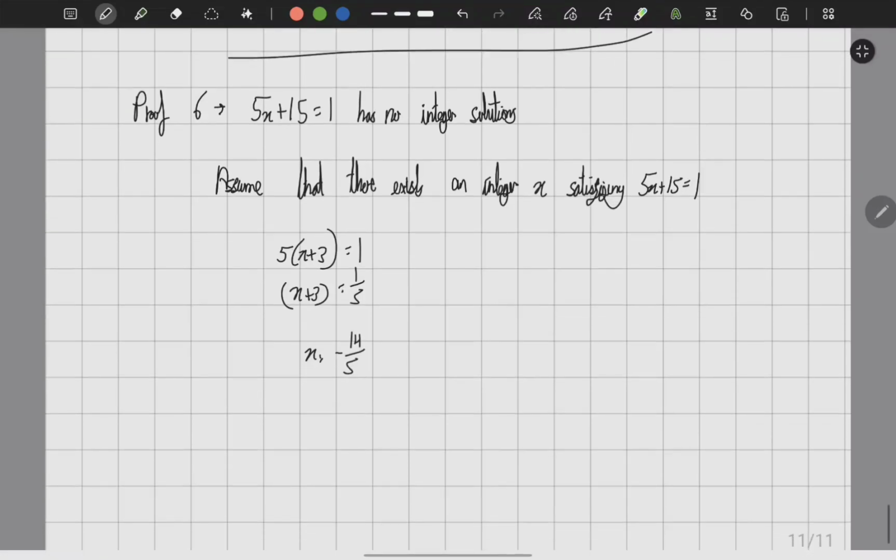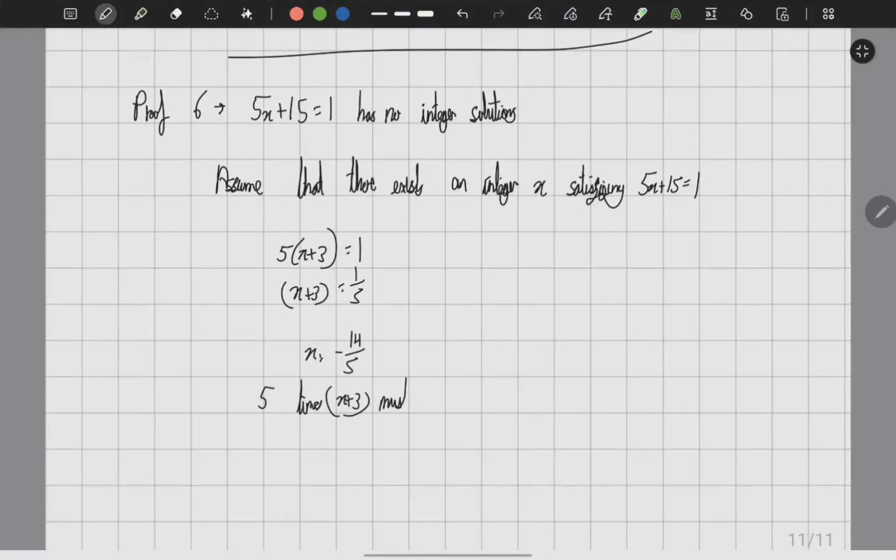Or we can say that 5 times (x plus 3) must equal a multiple of 5. However, 1 is not a multiple of 5.